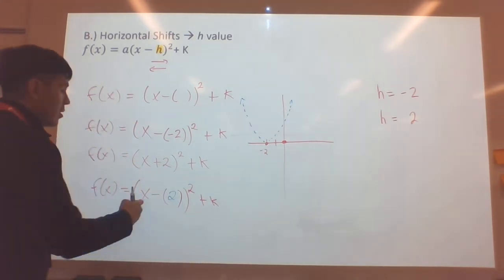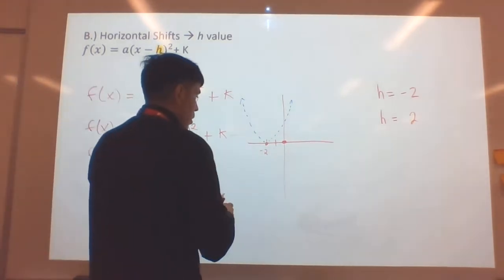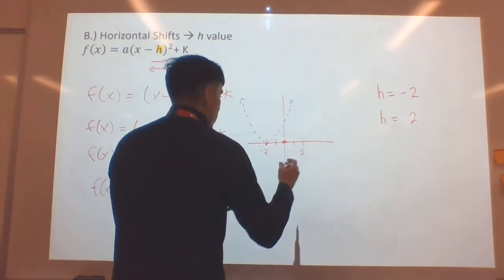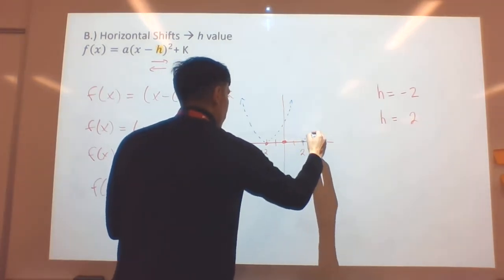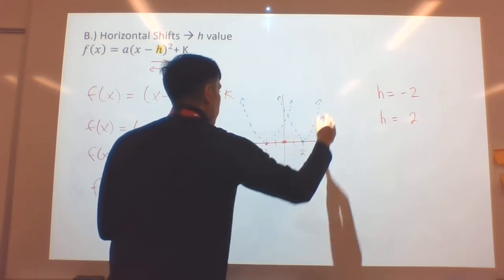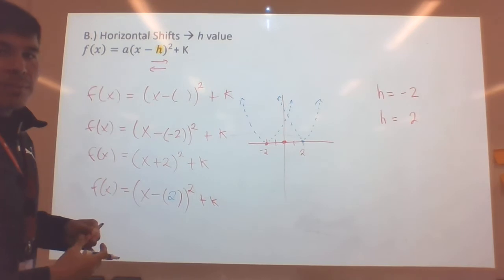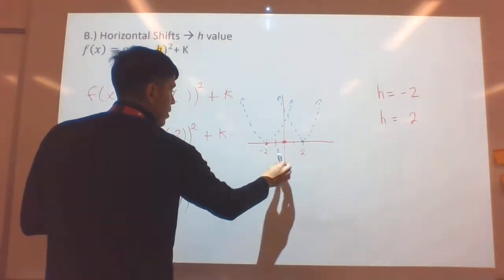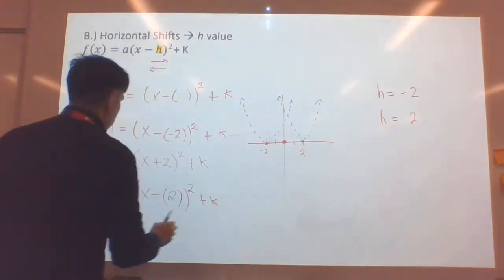So the positive 2 is going to tell us that we're going to go over, and this should be the same width. I'm not trying to make one more narrow than the other. This is not to scale as far as width goes, but it is to scale as far as the units, which way we go, to the left or the right.